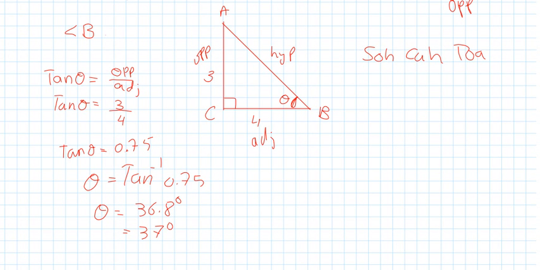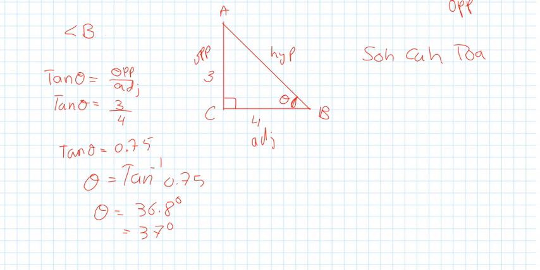So what I know here, I know two sides. I was able to solve for the angle using the primary trigonometric ratios, or the trig ratios. Are you okay with that? Now my question to you, can you tell me what would be angle A? What would be the measure of angle A? You know what the measure of all the angles inside a triangle is when I add them all up.